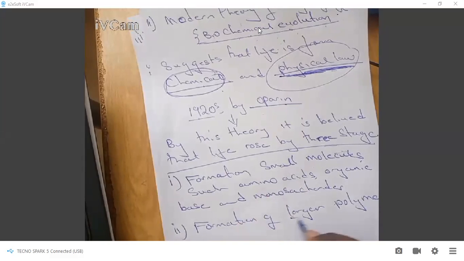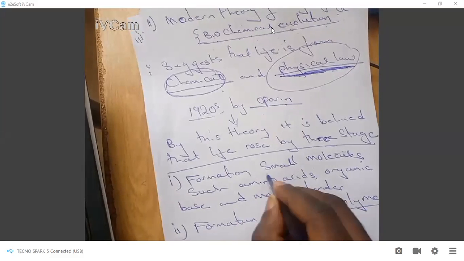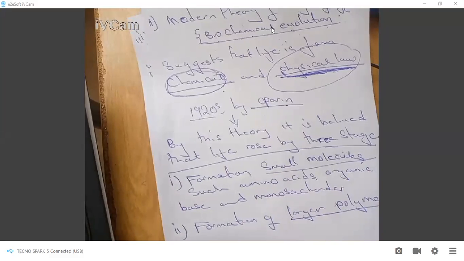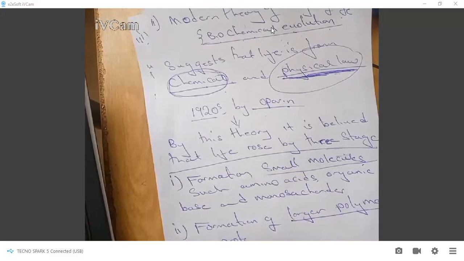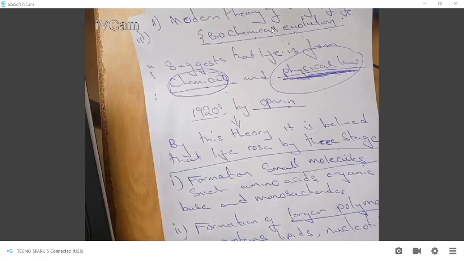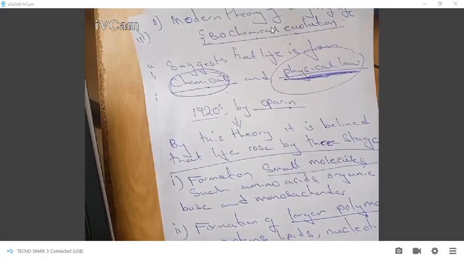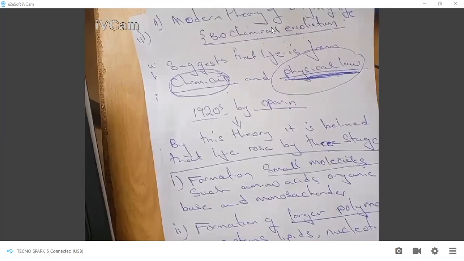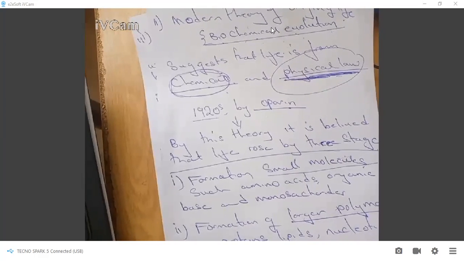We got large polymers, e.g., proteins, lipids, nucleotides, and polysaccharides. That is the second stage.